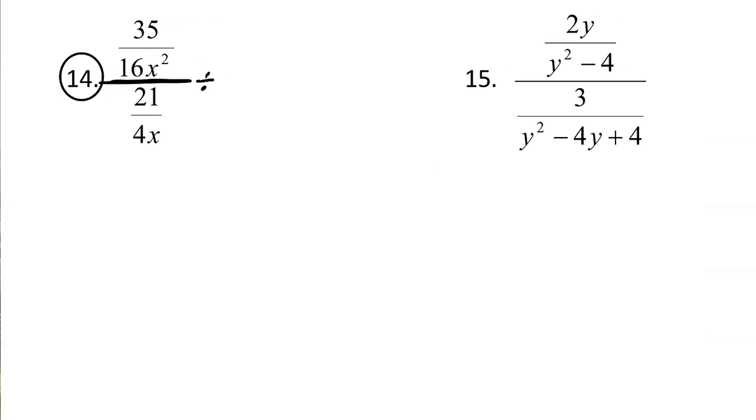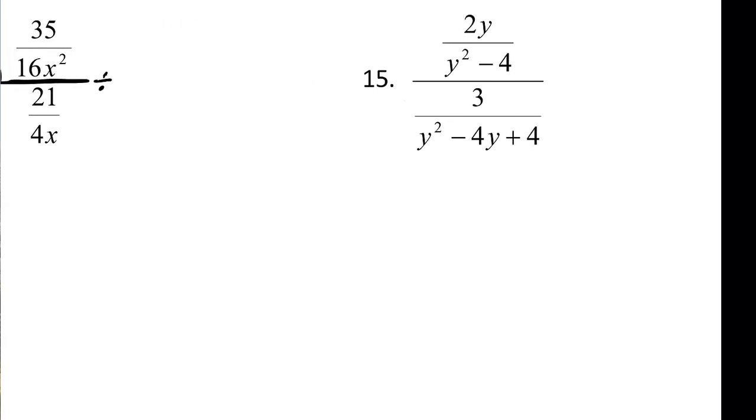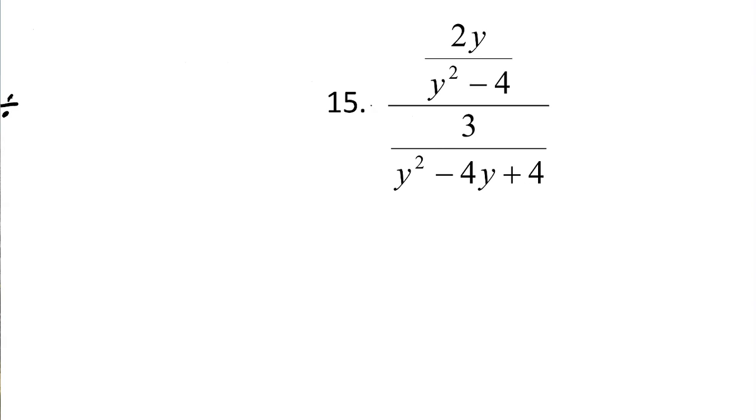The last one I'd like to walk through with you is number 15. Number 15 is a complex fraction, and here's the main fraction bar right here. This is the divide. But also we're going to need to factor this. We need to factor this difference of two squares. And we also need to factor this trinomial.